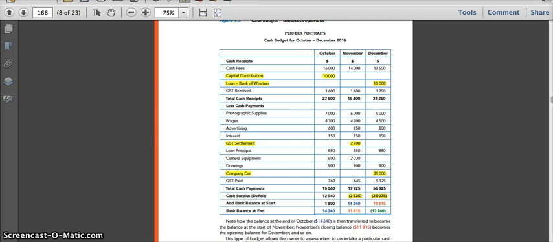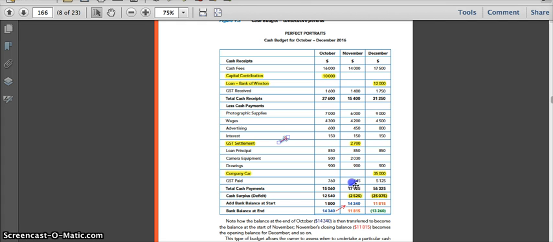Now, a couple of things to note here. The first thing we need to note is that the bank balance at the end of one period ends up becoming the bank balance at the start of the next.